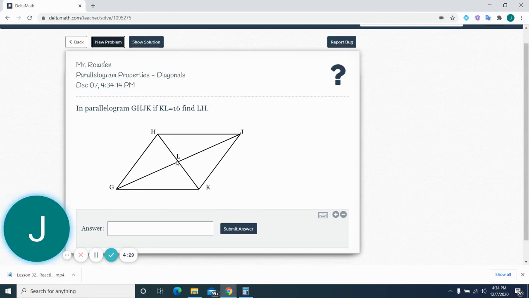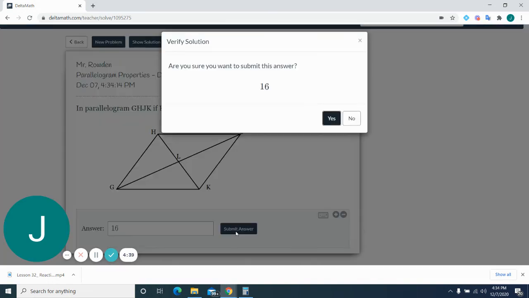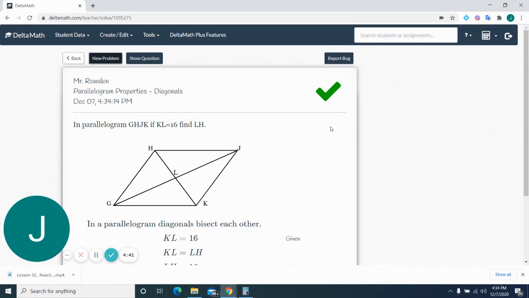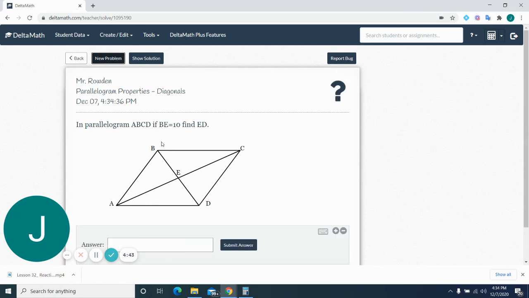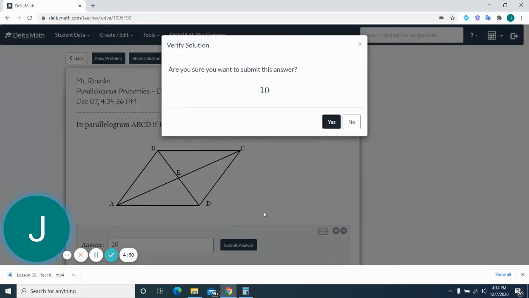KL is 16. What is LH? Remember, they're both going to be identical because they're two halves of the diagonal. So this will just be 16. If BE is 10, find ED. Again, same thing.